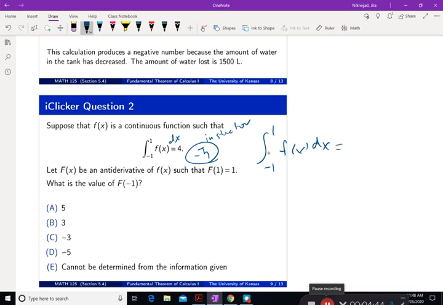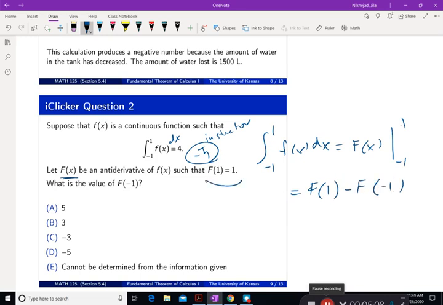So here, this is going to be basically an antiderivative of f of x, any antiderivative, evaluated at negative 1 and 1. Upper 1, lower negative 1, so it would be F of 1 minus F of negative 1.